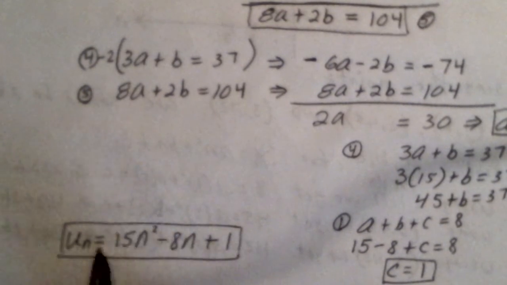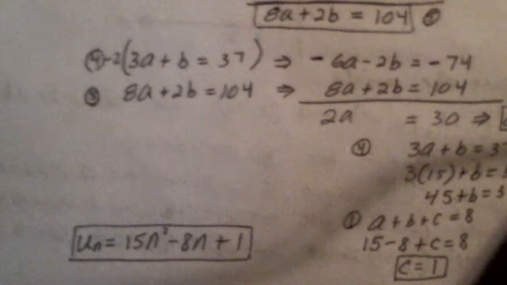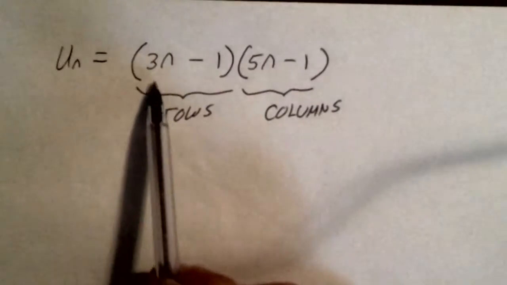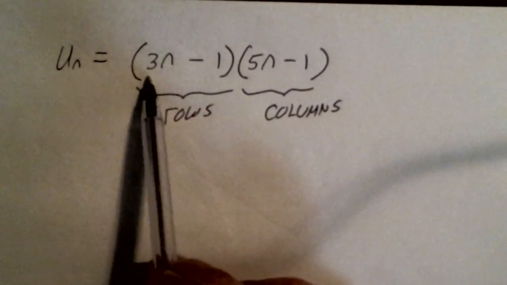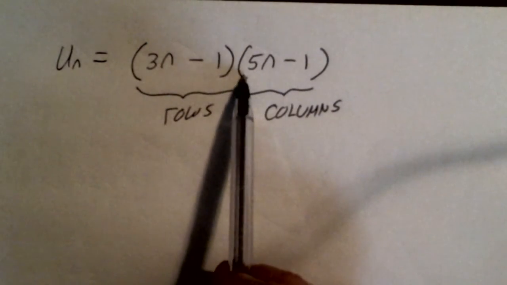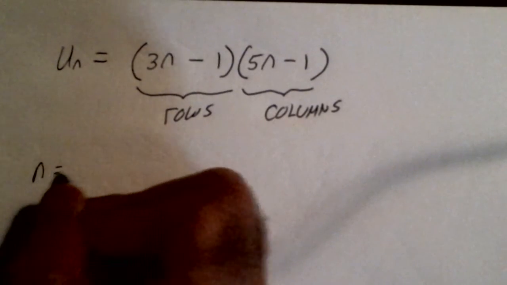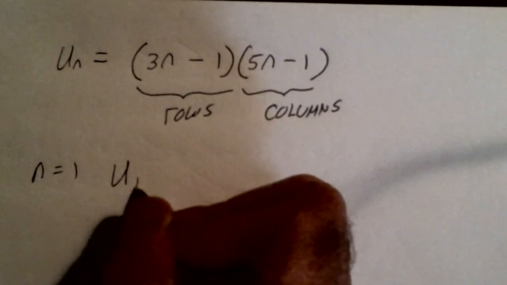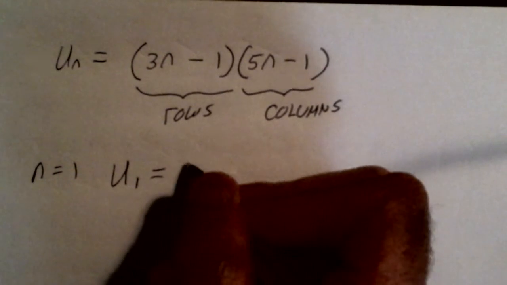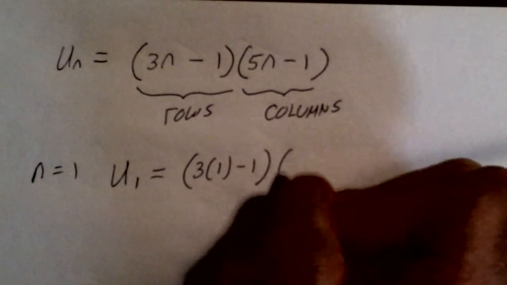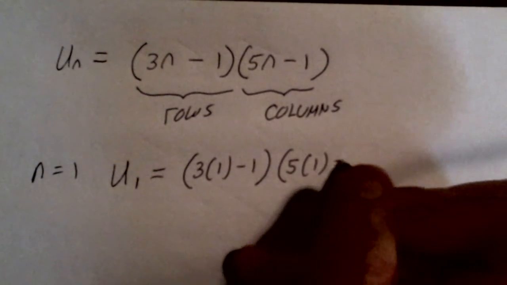Now when you factor this quadratic function, you get this right here. And this represents the number of rows that are added each time, times the number of columns that are added each time. So if n is equal to 1, our first arrangement, u1 is going to be equal to 3 times 1 minus 1, times 5 times 1 minus 1.